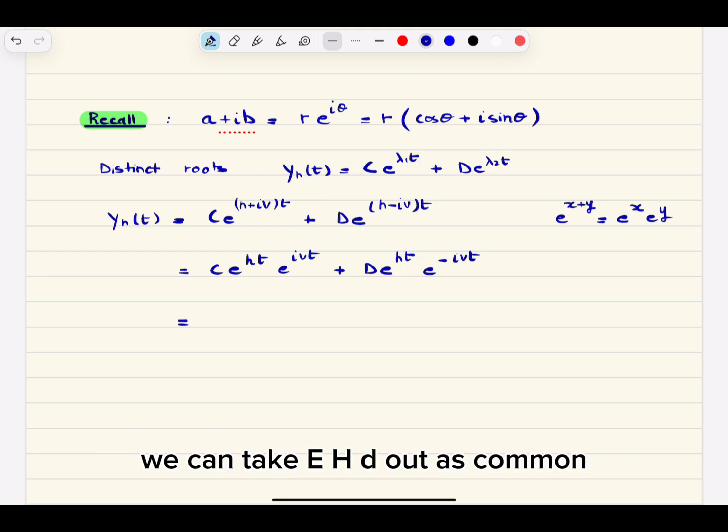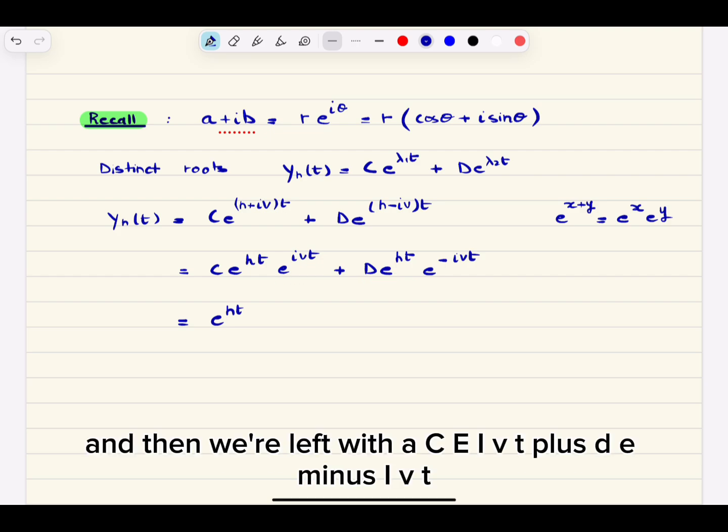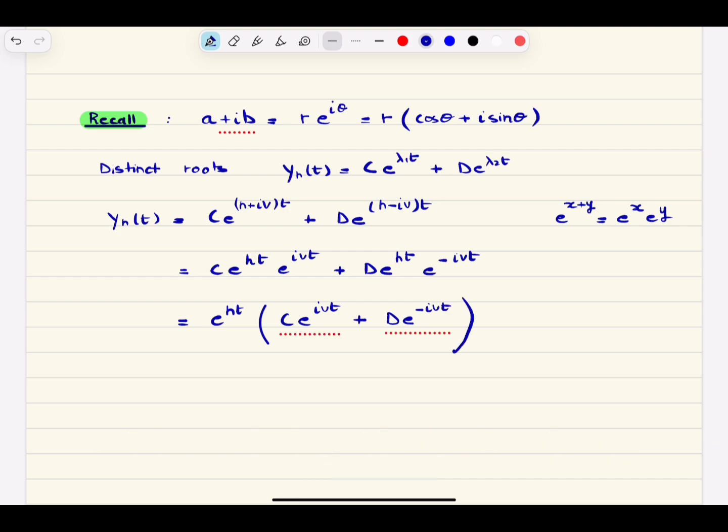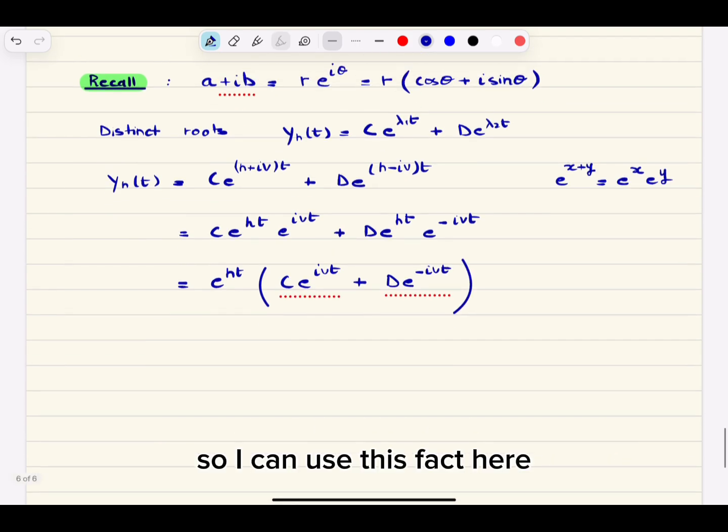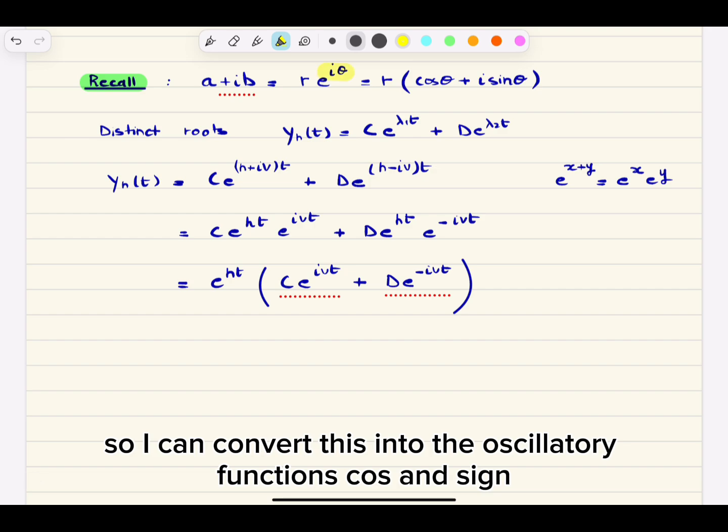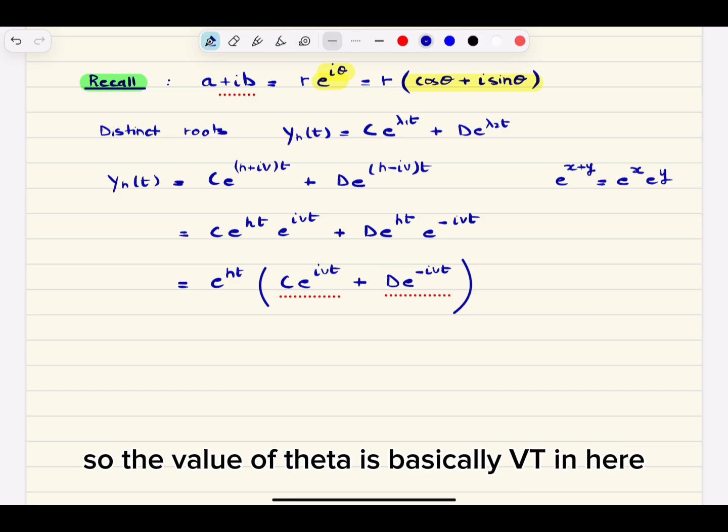We can take e^(ht) out as common, and then we're left with C e^(ivt) plus D e^(-ivt). So I can use this fact here to convert this into the oscillatory functions cos and sine. The value of theta is basically vt in here.